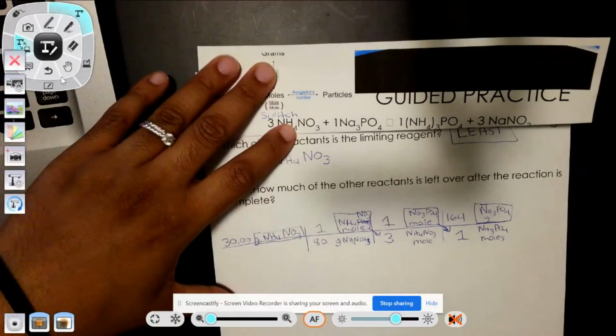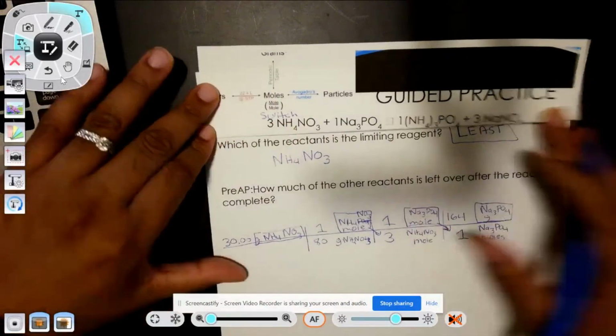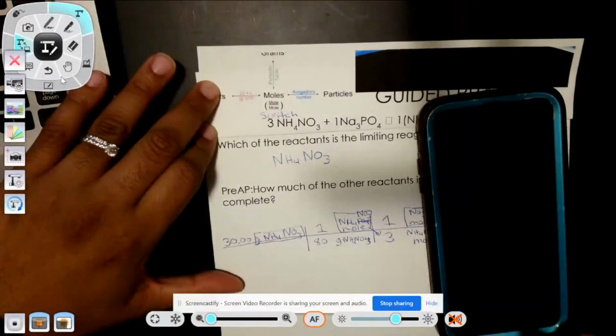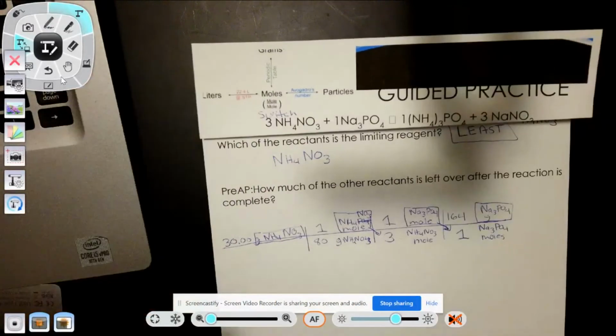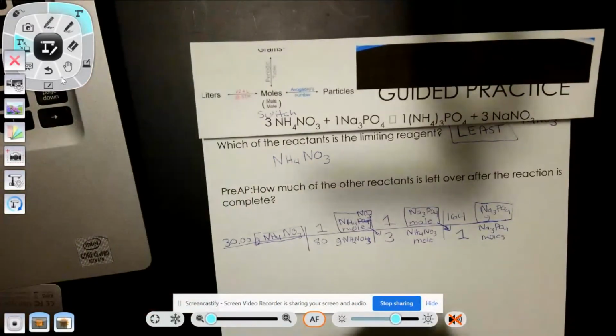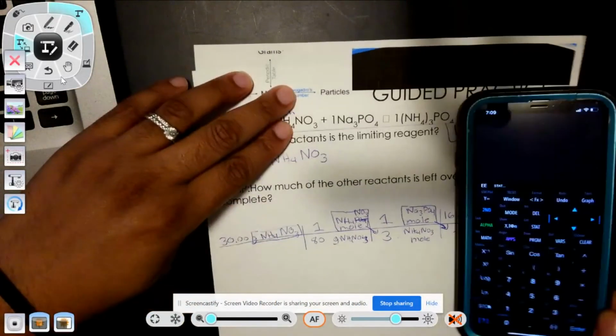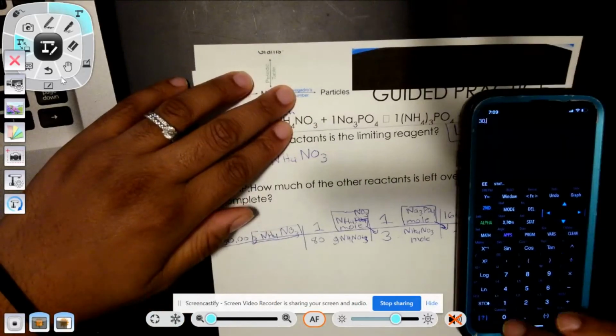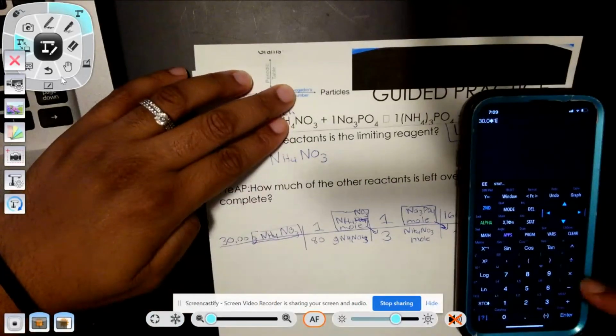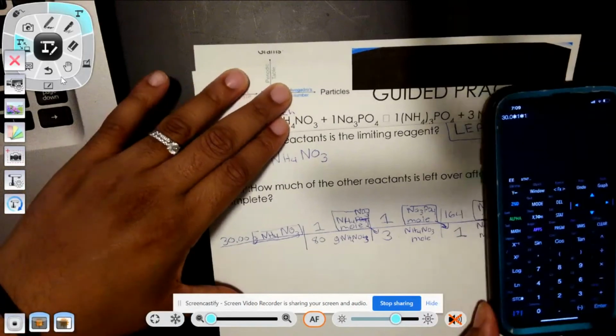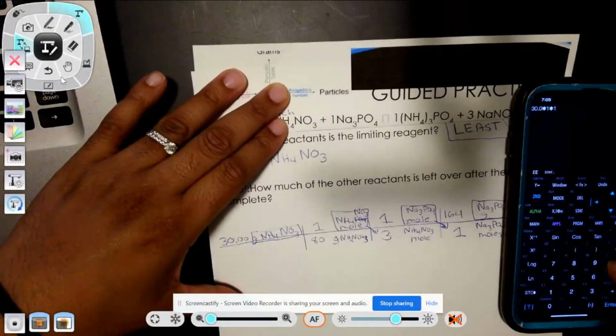We are going to do what we have been doing, which is multiply the tops and divide by the bottoms. So we come here, we do 30.0 times 1 times 1 times 164 divided by 80 divided by 3 divided by 1.